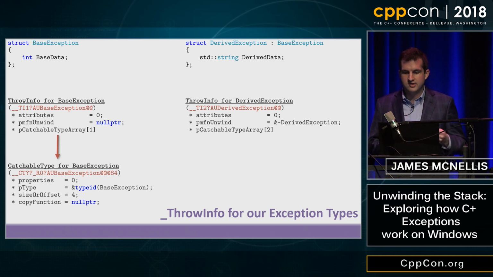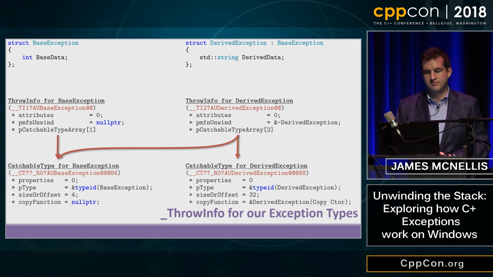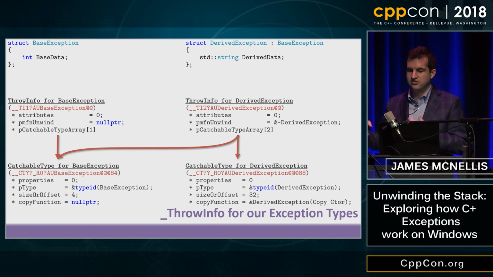And then it has 2 associated catchable types. So first it has a catchable type for the derived exception type itself. Since derived exception is not trivially copyable, it also has a pointer to the copy constructor there. And then it also has, as a catchable type, the catchable type for the base exception, because again, you can catch an exception of a derived type by a catch for one of its base classes.